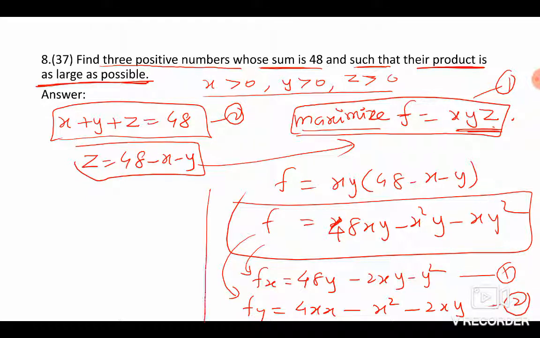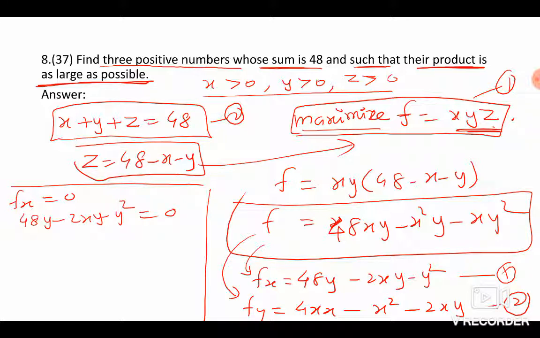Okay, let's do it this side. If you take fx is 0, what do you get? 48y minus 2xy minus y square is 0. Take y outside. y times 48 minus 2x minus y is 0.